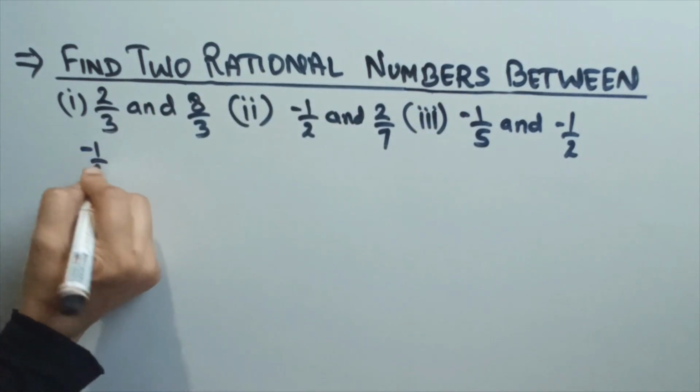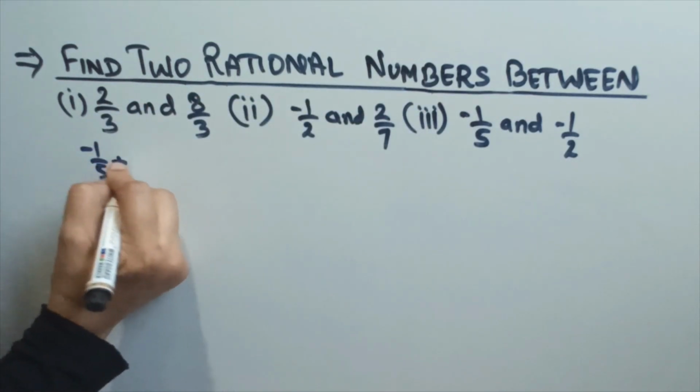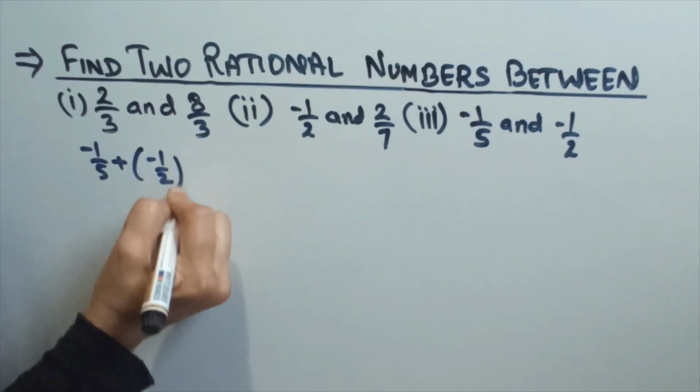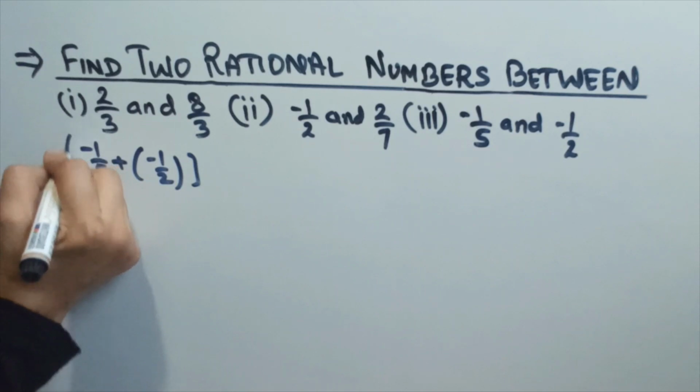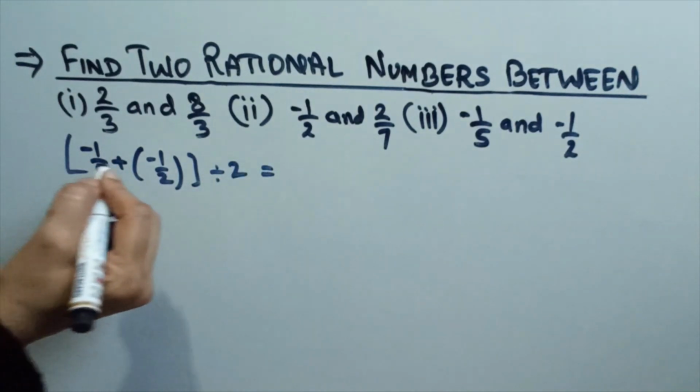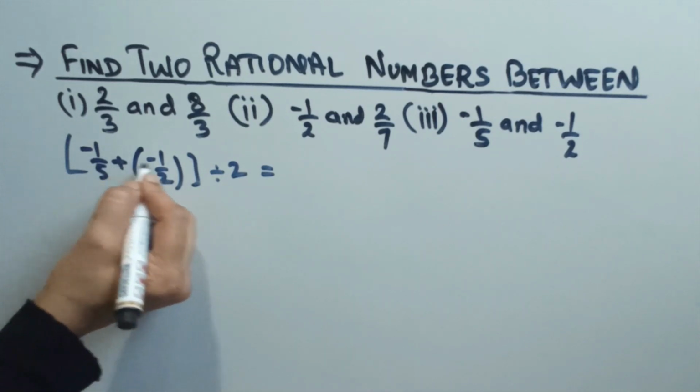Minus 1 by 5 plus, and this is also with a minus sign, so I am writing this in a bracket, divided by 2. Now remove this bracket and multiply. Plus minus is minus.